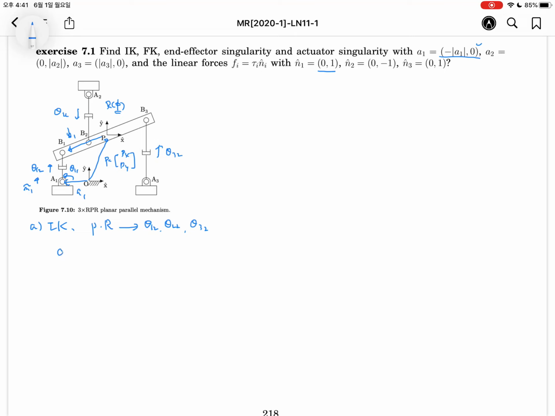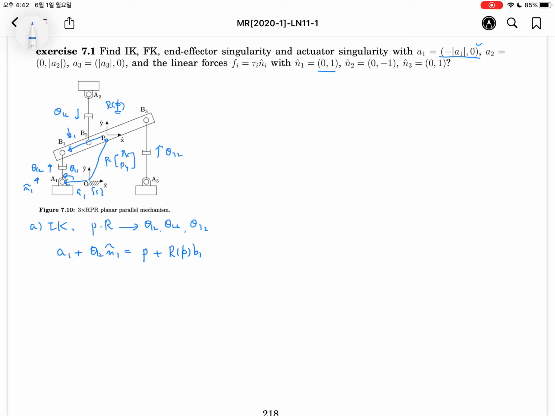Let's make the closed loop, such as vector A1 plus theta 1,2 in the n1 direction, which will be equal to p plus the rotation matrix times b1, because b1 is given in the body frame, so we should multiply the rotation matrix to denote all the vectors in the space frame.